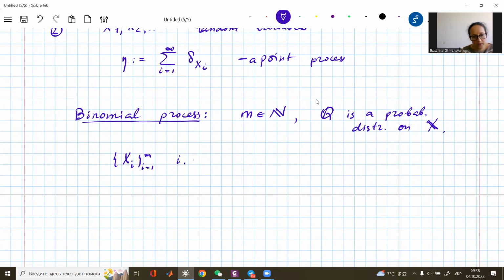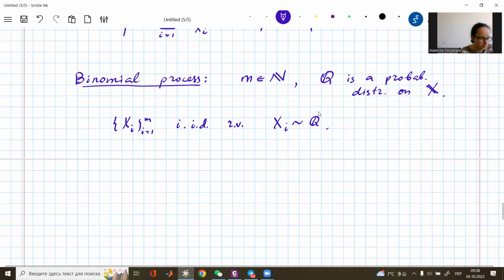They will be independent identically distributed random variables with distribution Q. And now I define, as in my example here, eta as the sum from 1 to m of delta measures at points xi.